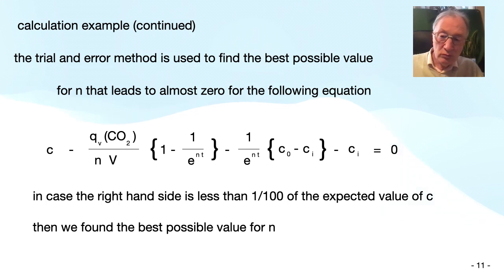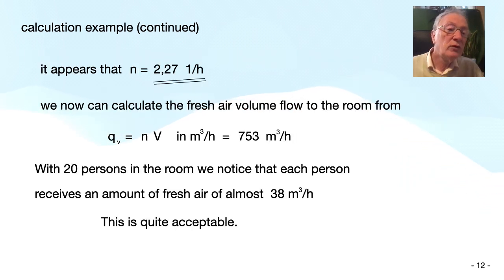By doing so, we find that the number of air changes amounts to 2.27, which is a bit low, but that's due to the fact that we don't have many persons in the room. Otherwise it should be higher.